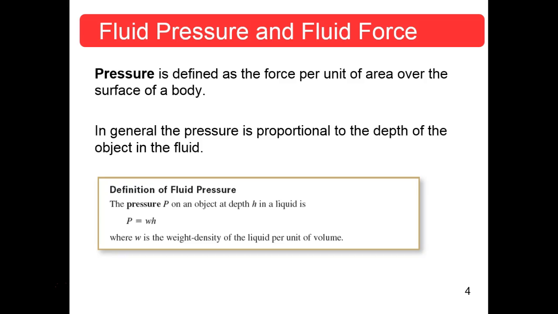Remember, pressure is force per unit area. Weight density would be force per unit volume, and multiply that by the depth, and you get force per unit area. Okay, so that's how you get pressure, or force per unit area.